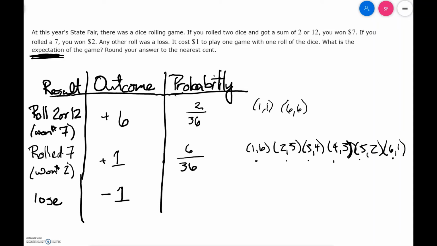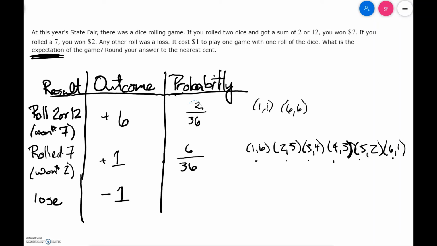Okay, so probability of losing. There's a couple of different ways you can do this. You can go to that chart and count up all the different combinations that are not 2, 12, or 7. Or this losing would be a complement. And so to figure up the complement, we can add these 2 together and then subtract it from 1.